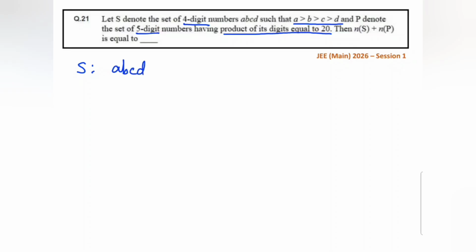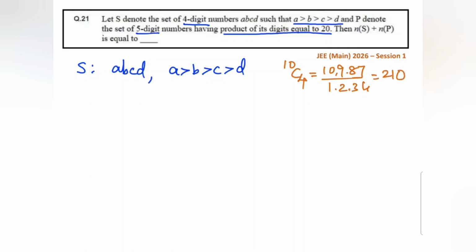A 4-digit number ABCD such that A is greater than B is greater than C is greater than D. Here we have totally 10 digits. Out of 10 digits, we need to choose 4 digits, which can be done in 10C4 ways. So this is equal to 10 into 9 into 8 into 7 by 1 into 2 into 3 into 4, which is nothing but 210. So number of elements in S is equal to 210.